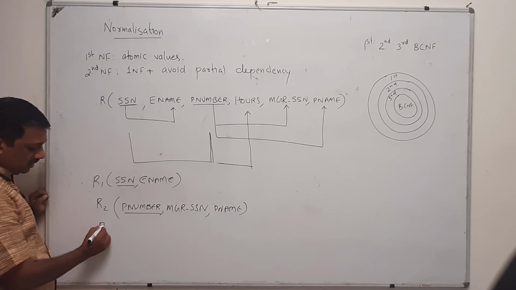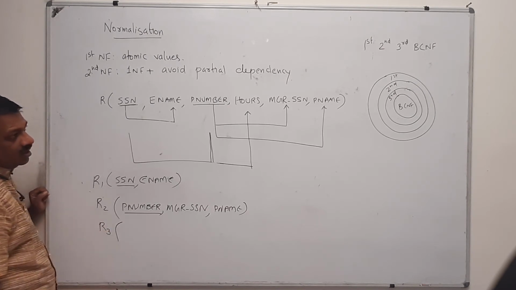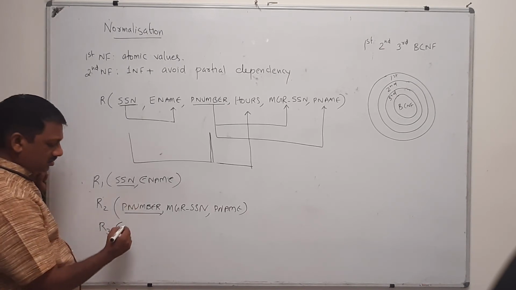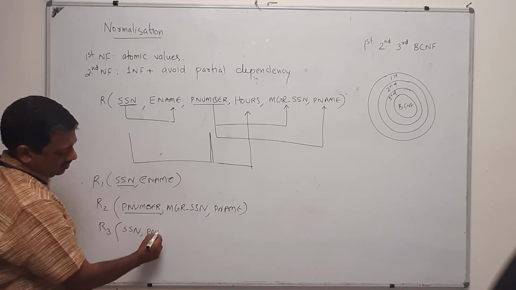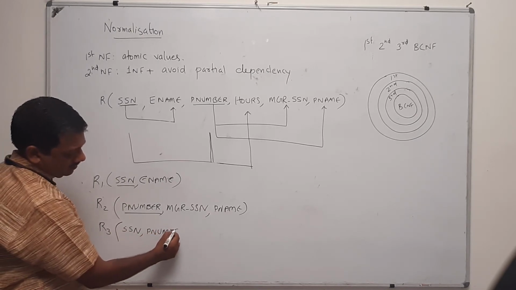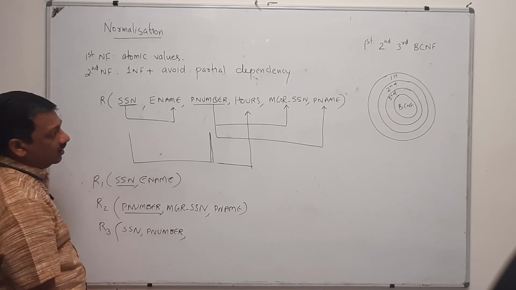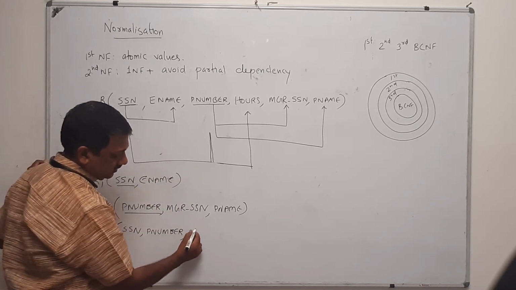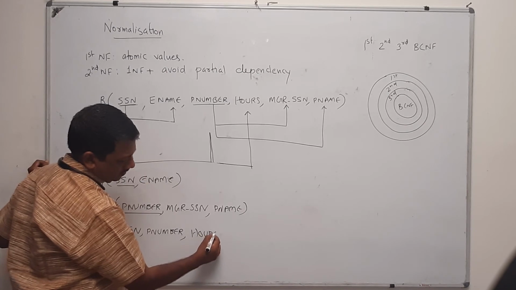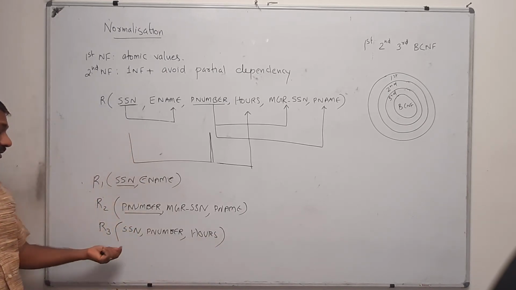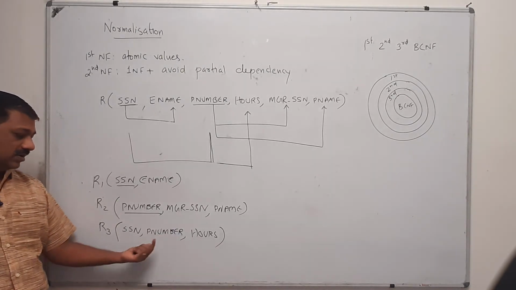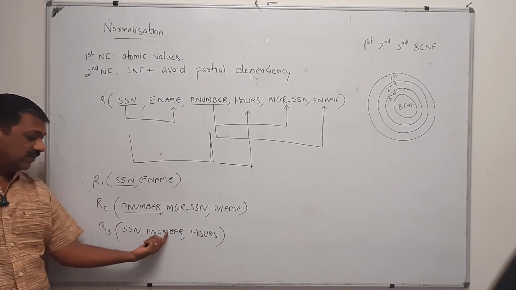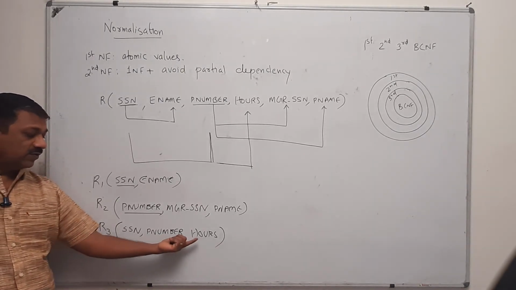And R3 is SSN, P number, comma, hours. That means this employee is working for this project number, and this employee is working on this project for this many hours.